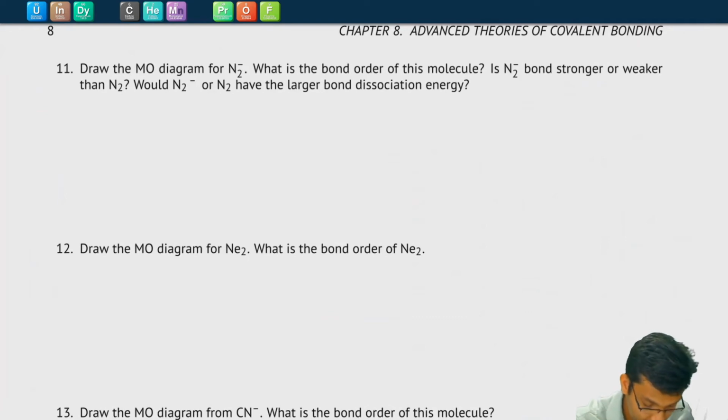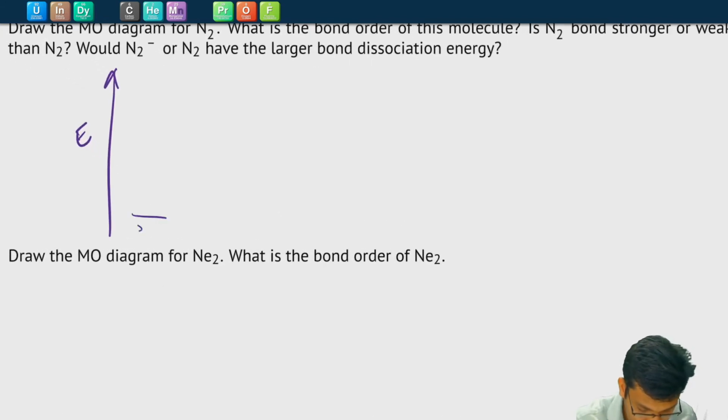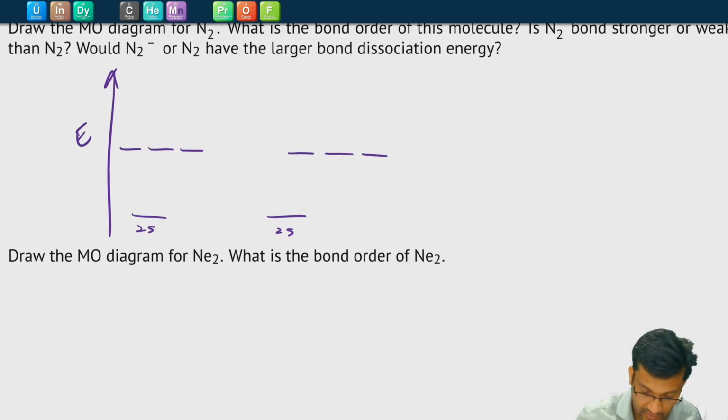Okay, let's look at this. We have our energy going this way, and I'm going to start with the 2s orbitals. I'm ignoring the 1s because we know that they're core electrons. We don't need to worry about them. There we go. All right, this is 2p.